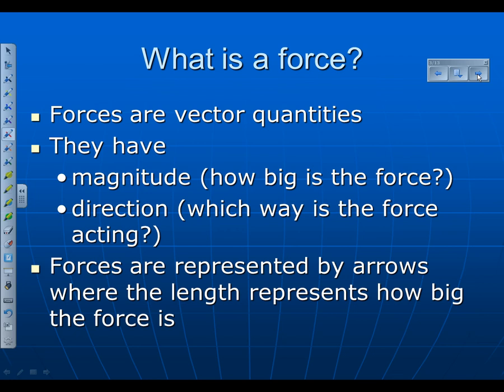So if you have a force of 10 acting on an object and a force of 5 acting on that object, two different forces, it will be beneficial to help us look at the effect of those forces if we draw the 10 force about twice as long as the 5 force. Doesn't have to be exact, but if you do it kind of ballpark, it'll help you analyze that situation. Good with that?